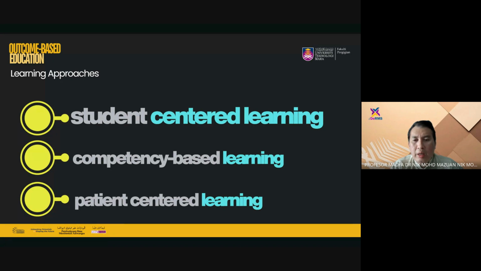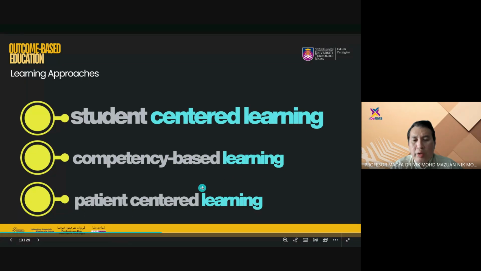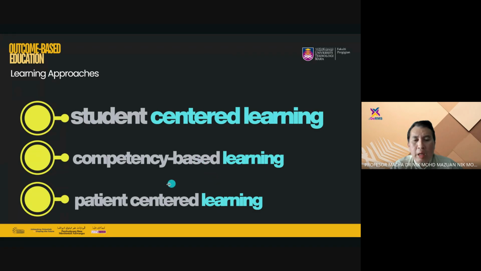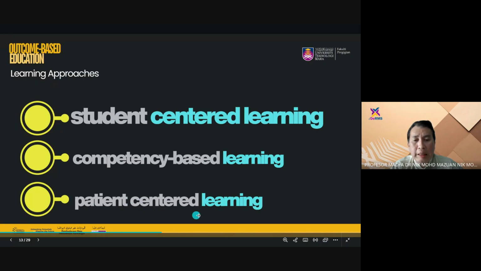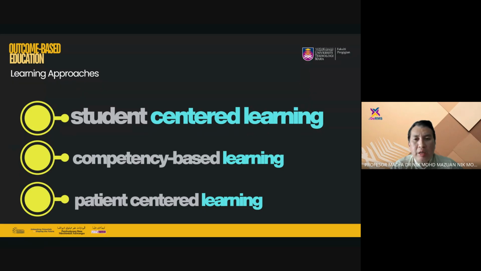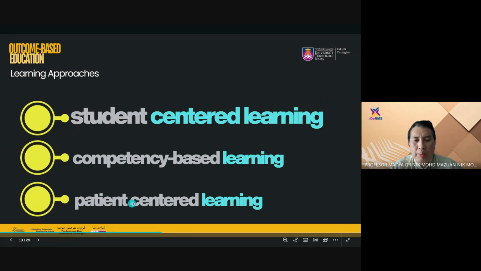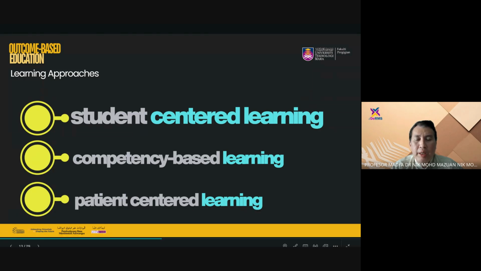so that the student knows what the expected competency from the course is. Okay, and then we also have patient-centered learning, and this one is not as strong as student-centered learning and competency-based. The medical curriculum would have more on patient-centered learning. For us, yes, we do, but it's not as strong as theirs. When we talk about patient-centered learning, the approach is slightly different, whereby they learn a lot from patients.